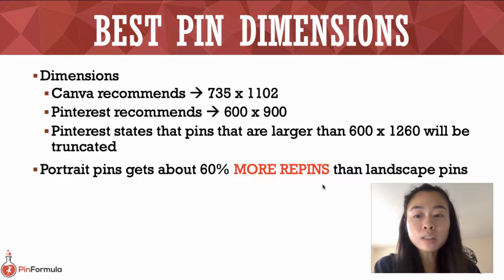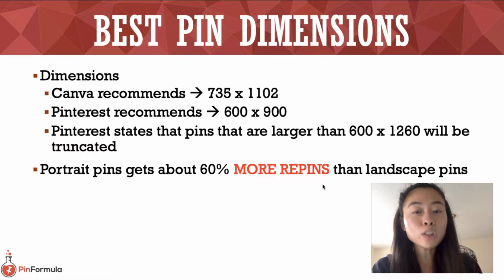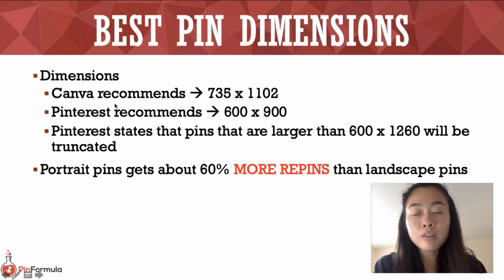But for Pinterest, you need to keep in mind that the dimensions do matter, just because Pinterest is very different than Instagram and Facebook. So if you go on Canva to design your pins, they recommend 735 by 1102 pixels.